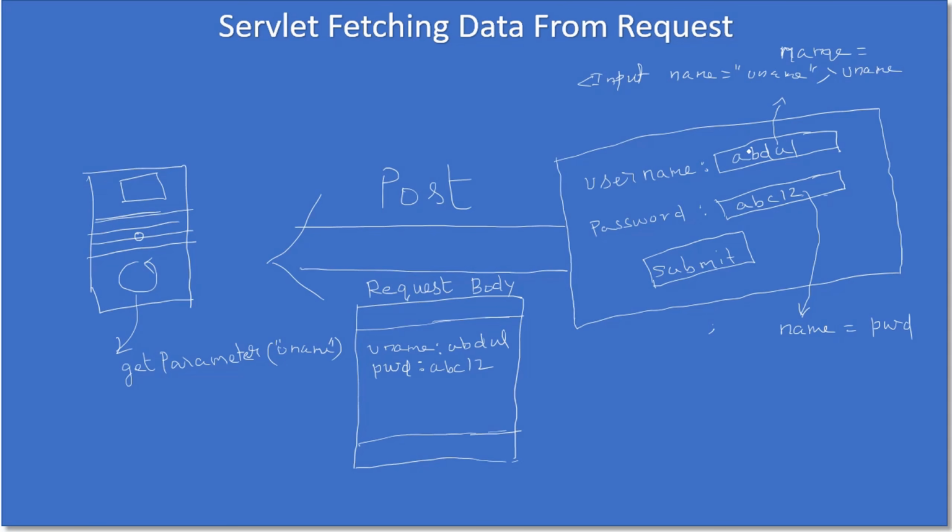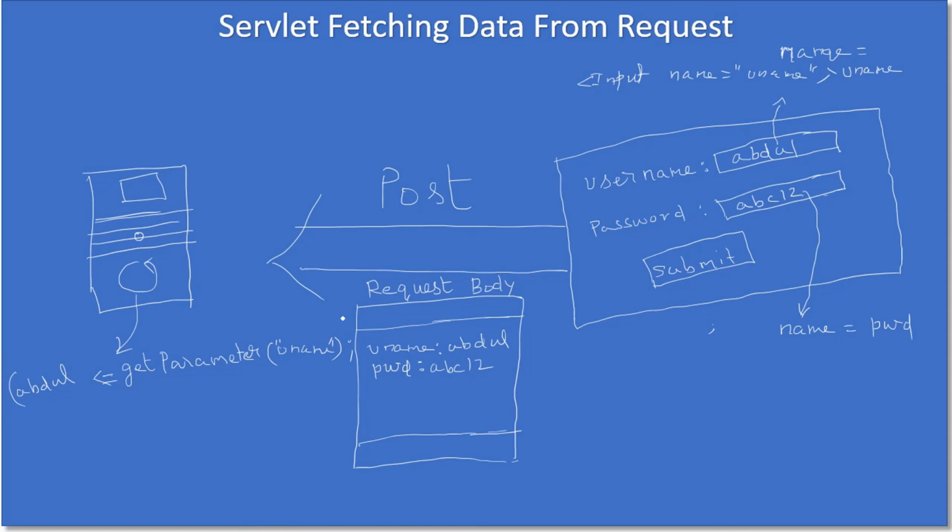That means uname is denoted by the control name in the HTML form, and we are asking getParameter for uname, that means what is the value entered by the user in an HTML form input control named uname. Once we identify this, we will get the value entered here, and the value entered will be returned to the servlet. That's all. This is the key here.